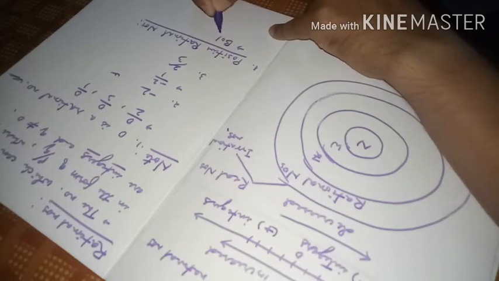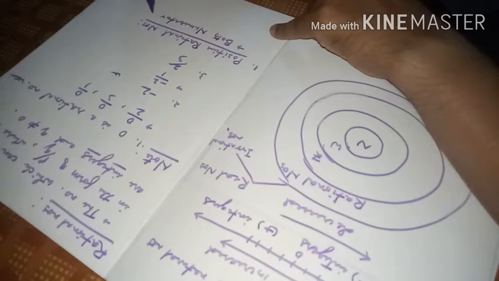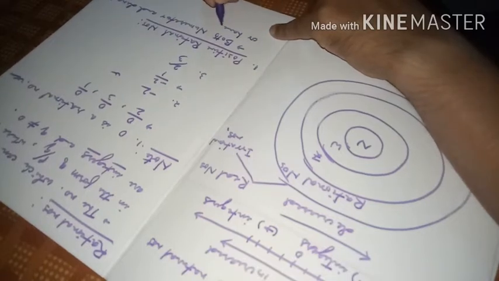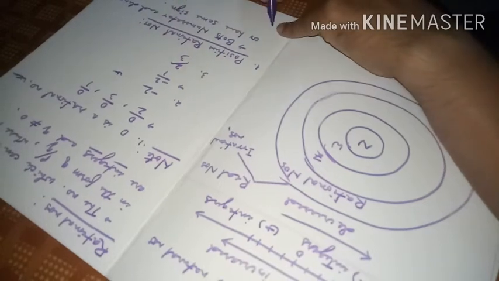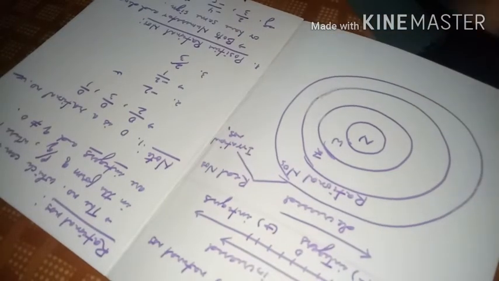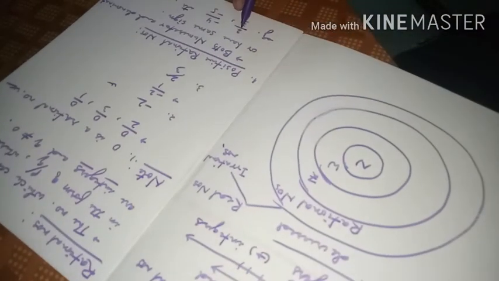For example, 2 by 3, -4 by -5, etc. In 2 by 3, 2 is the numerator and 3 is the denominator; 2 is a plus number and 3 is also a plus number.